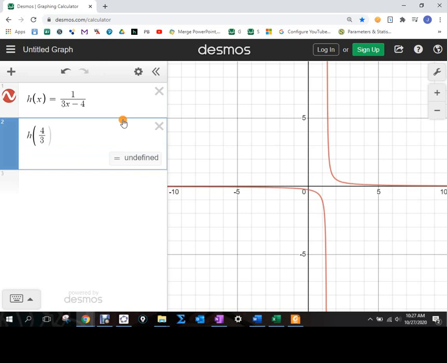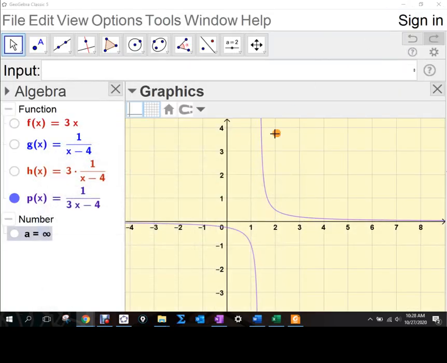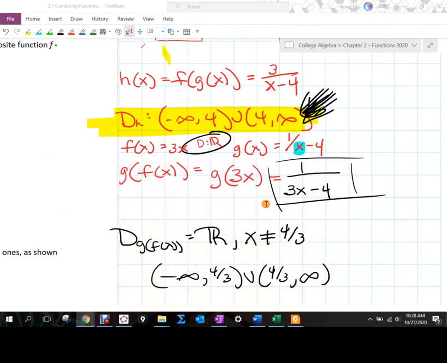It will tell me undefined, okay? So GeoGebra changes it into an infinity because it's using the knowledge of an asymptote there. Desmos will actually just call it undefined. Does that make sense? Okay. Which matches what we came up with by hand. We cool with that? Usually, creating the function is not an issue for people. It's understanding the domain that poses a problem.